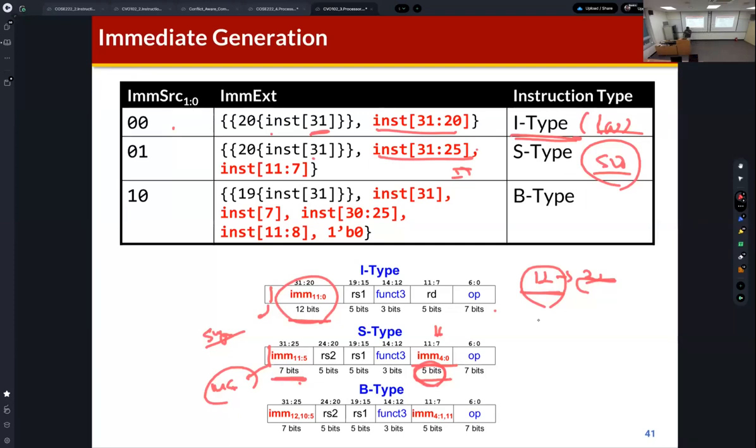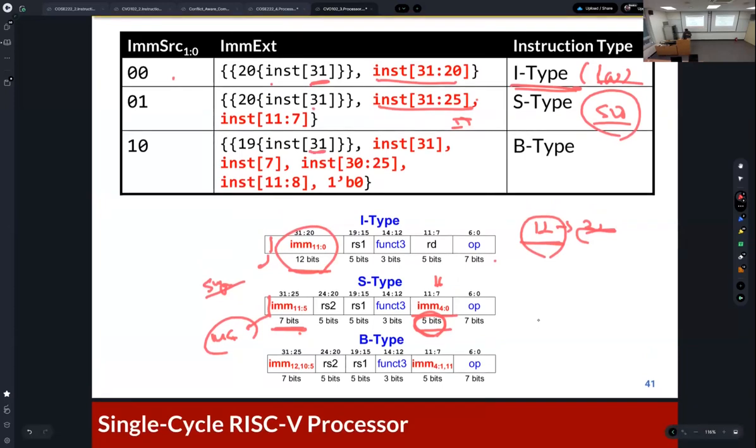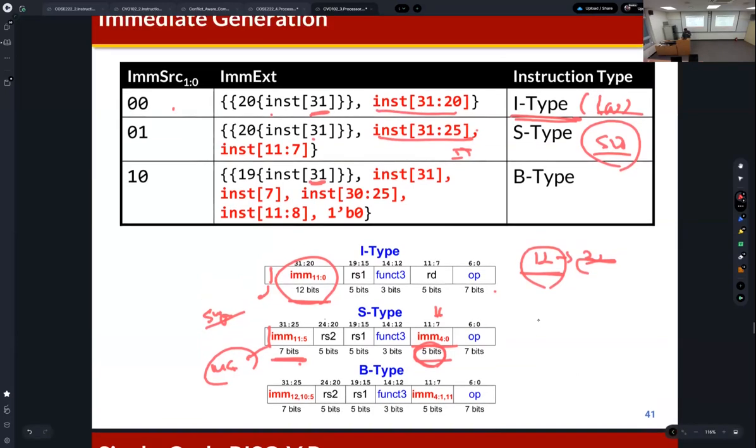The B type is so dirty, right? You know that bit 31 is the sign bit. But in the B type, the LSB of the immediate number needs to be 0, right?